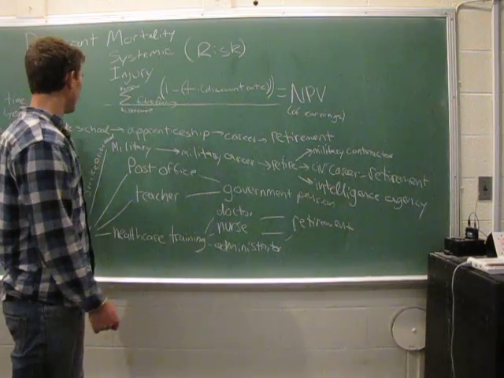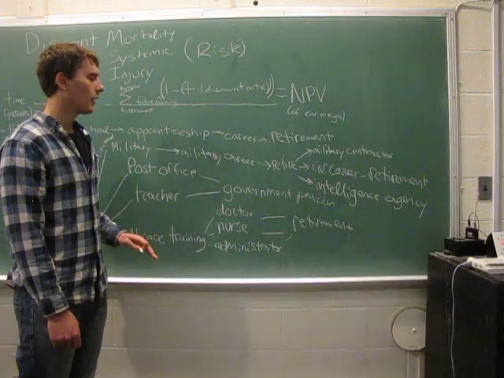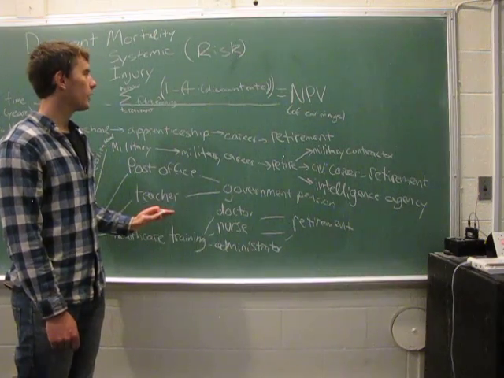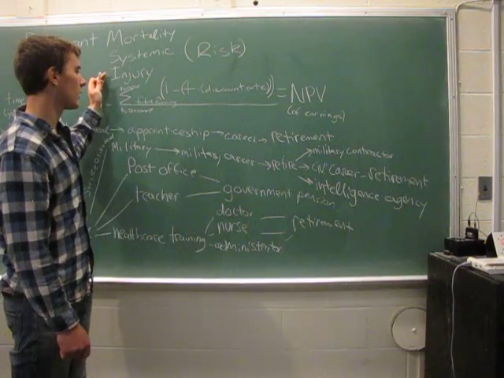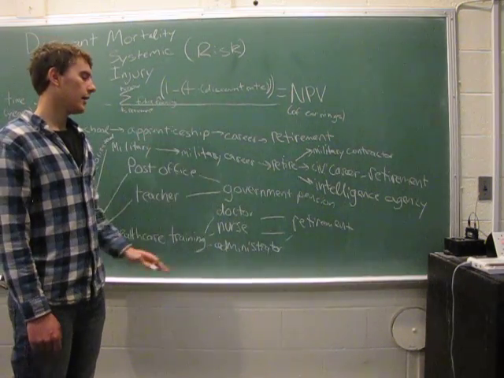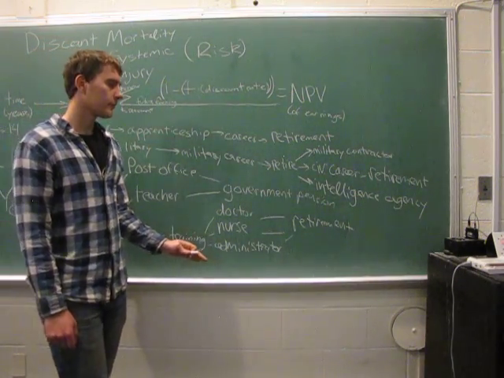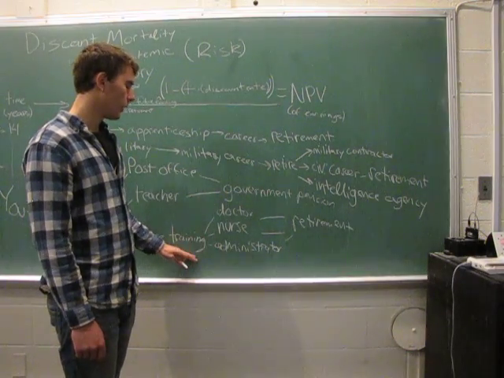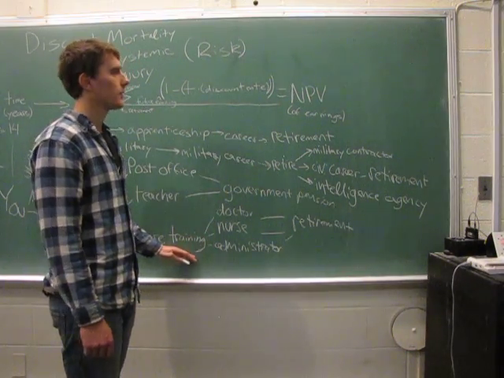And those choices are going to be best evaluated if you understand what risks there are and what future earnings will be available to you, and what commonly motivates people in those fields.